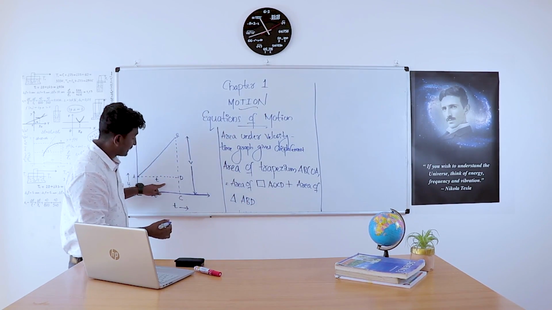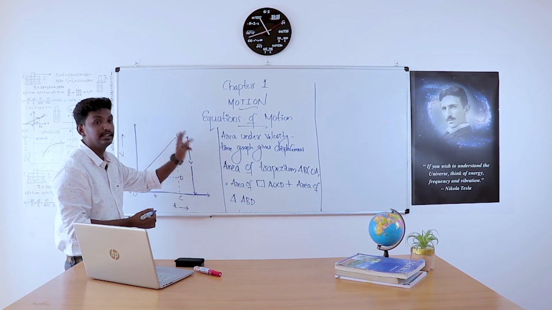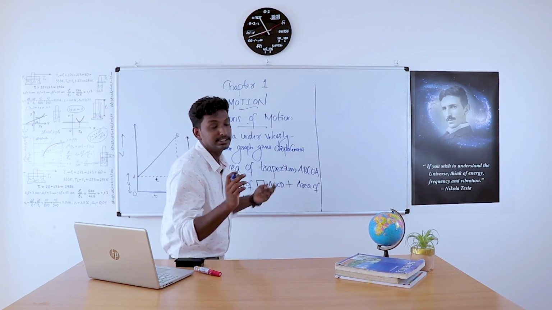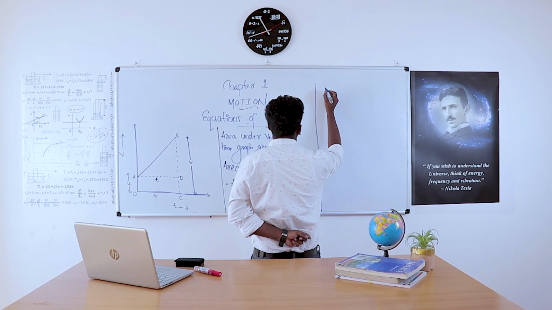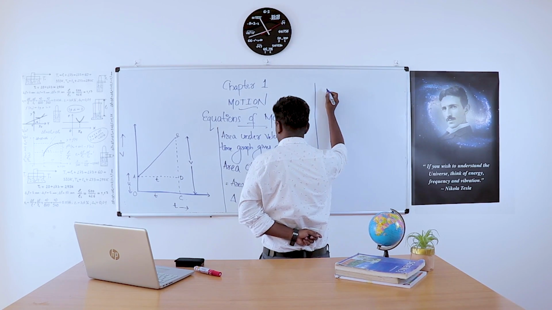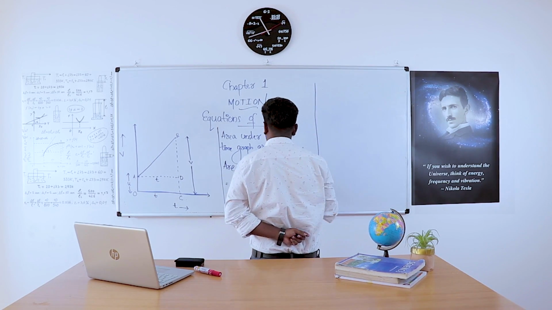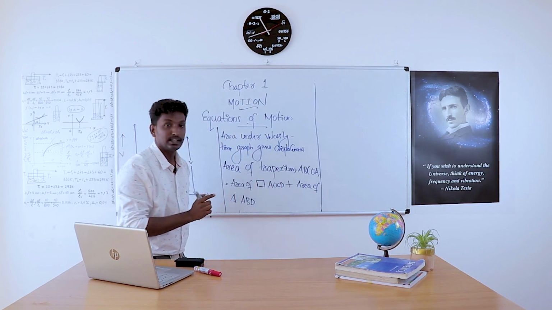This area of rectangle plus area of triangle gives area of trapezium. That is what we need.